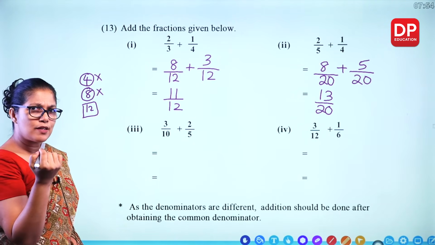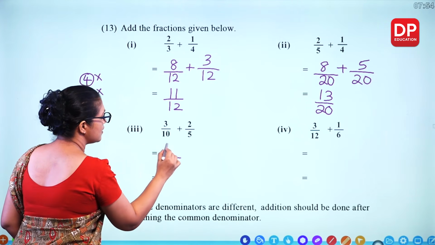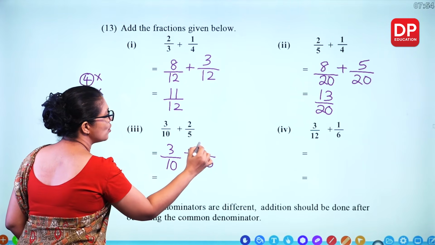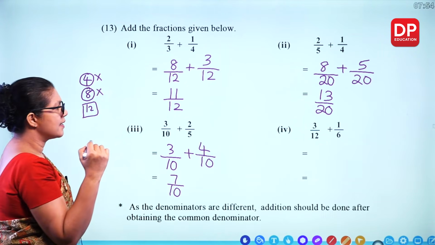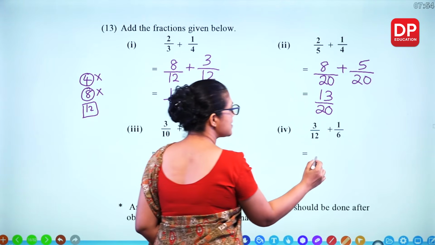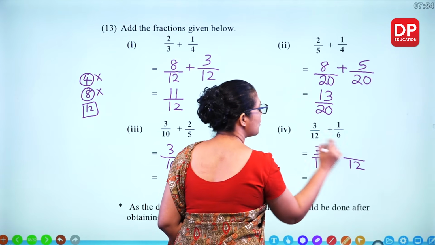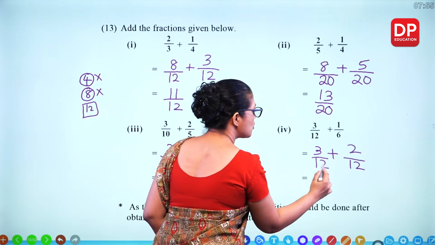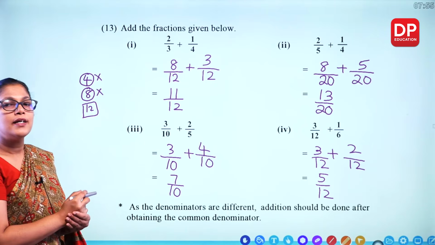10 and 5, what's the lowest common multiple? 10. So this is 3. Convert to 10. This is multiplied by 2. So you get 4 here. 7 over 10. This one, the lowest common multiple of 12 and 6 is 12. Convert to 12, equivalent fractions. 6 times 2. So 2 times 1, 2. So 5 over 12. Now you can add the numerators.